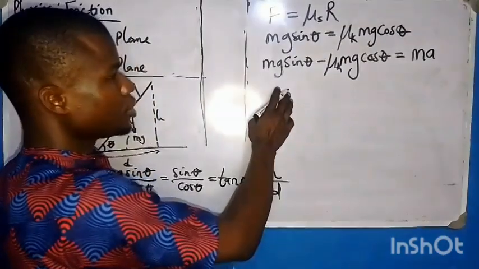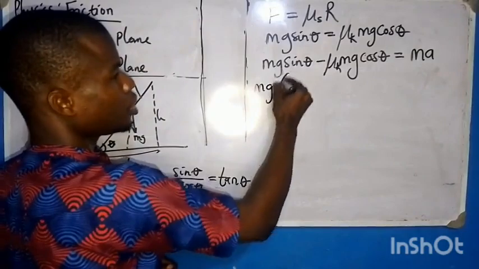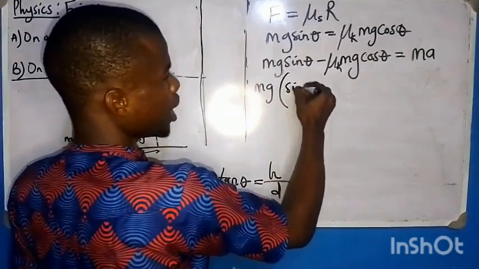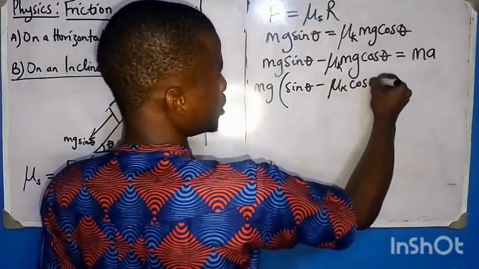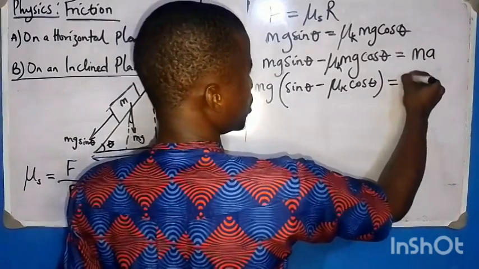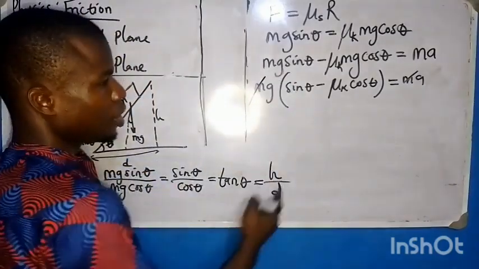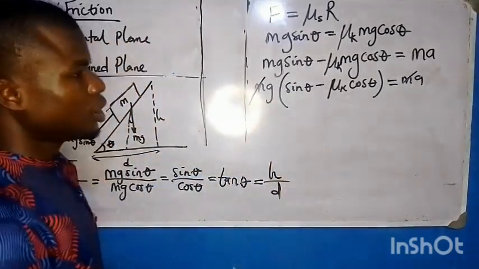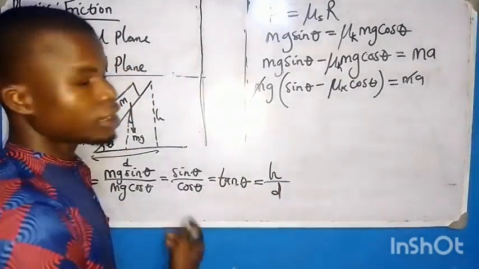From here, we are going to factorize mg out, so we are going to have mg into sin theta minus mu k cosine theta is equal to ma. Since m is common on both sides, we can remove the m, and then for this side we factorize cosine theta out.